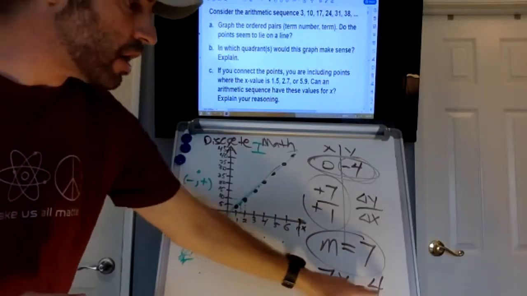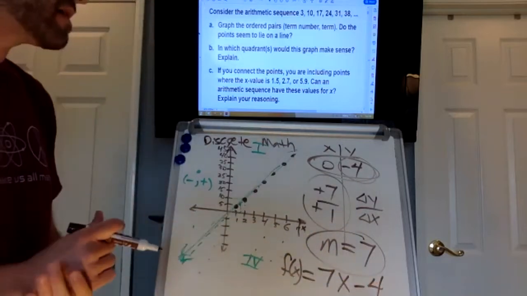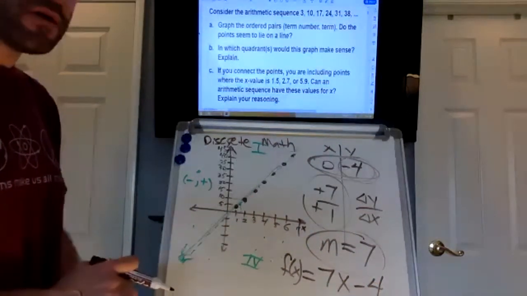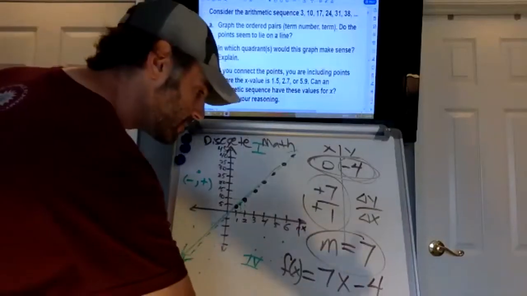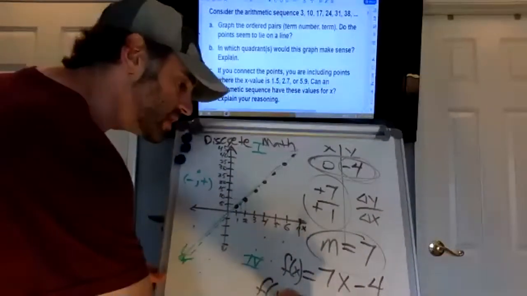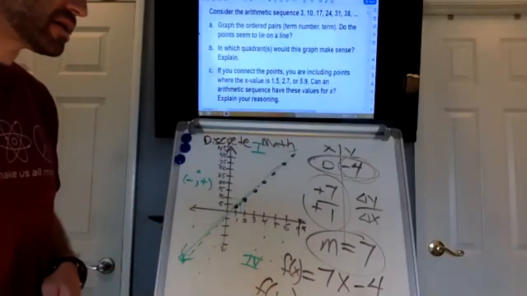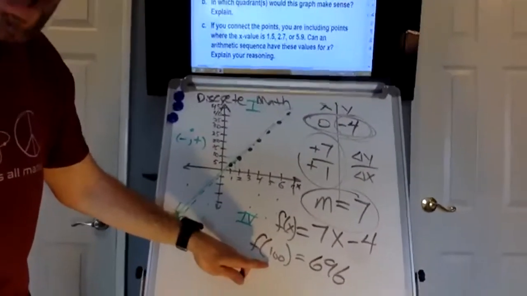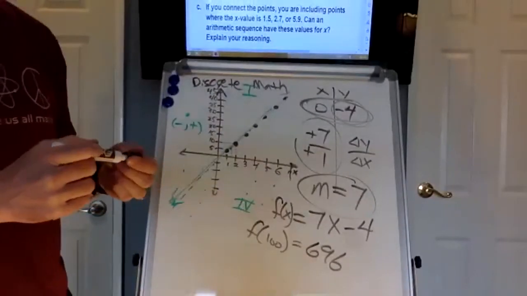And remember that I started at -4, so I have to take away that 4. So 700 minus 4 is 696. That's the 100th term. That's f of 100. f of 100 is 696. I input 100 and I get out 696.